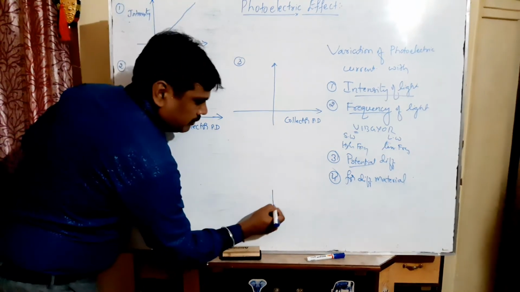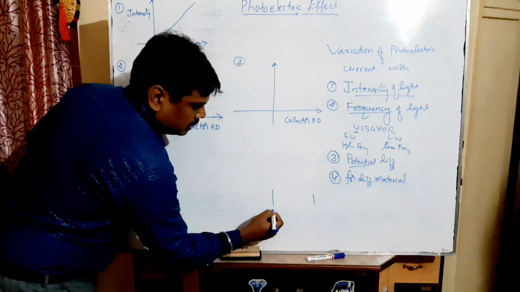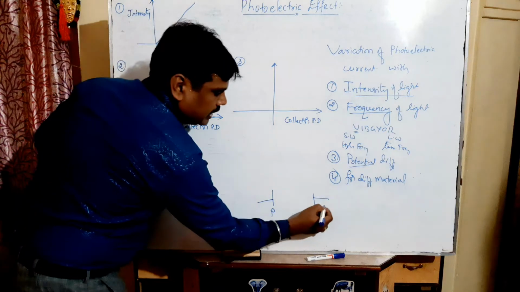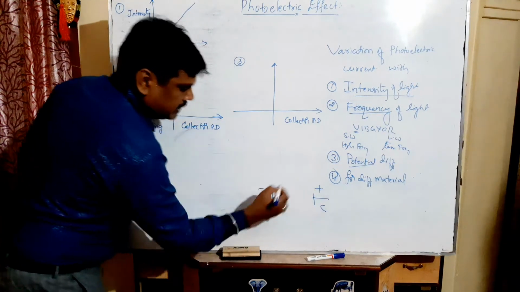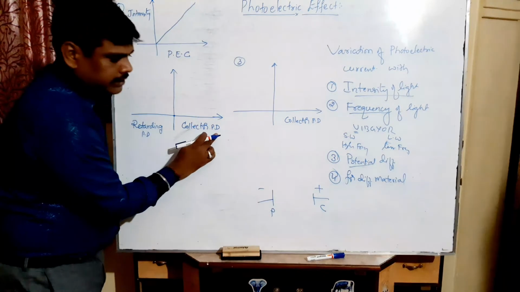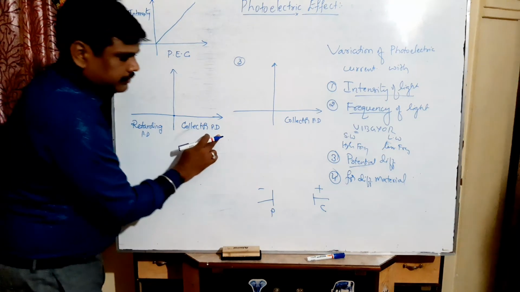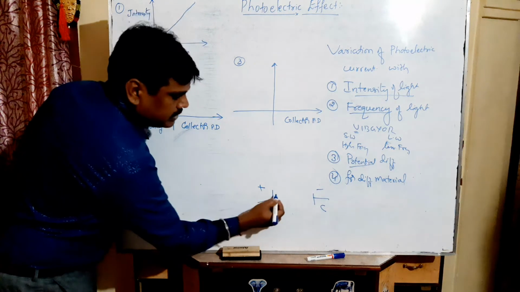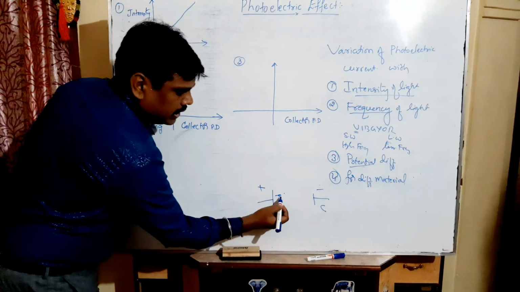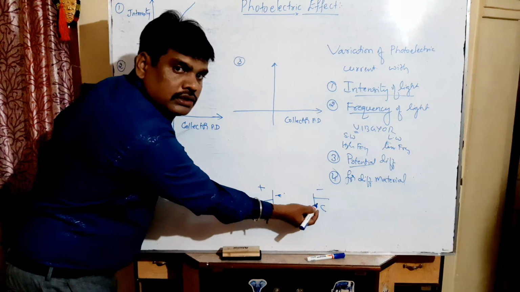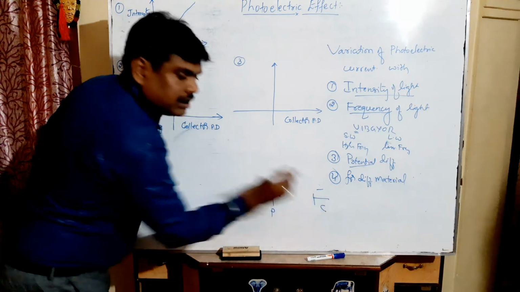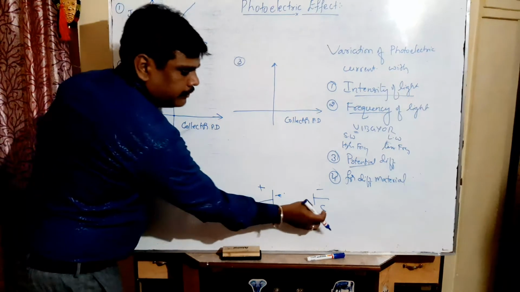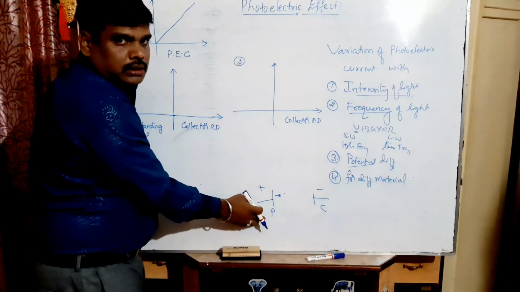See here, between the photosensitive emitter and the collector, if one is positive and the other negative, it is the collector potential difference. If the emitter is positive and the collector is negative, the electrons emitted here are negative, the collector potential is also negative, and the collector can stop the movement of electrons. So when you change the polarity of collector and emitter, clear now?